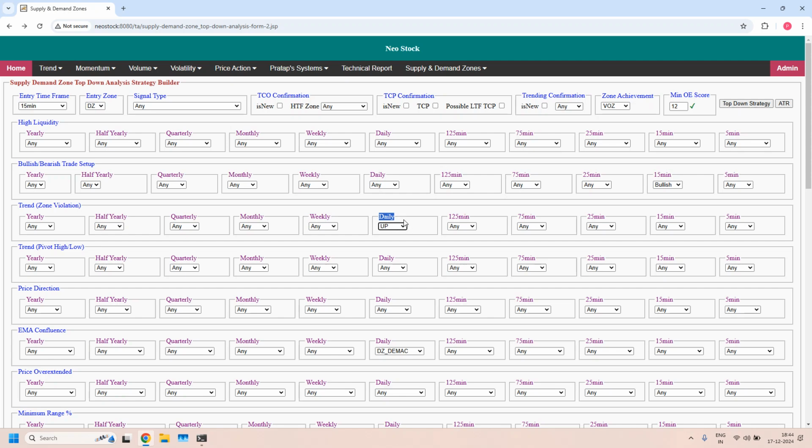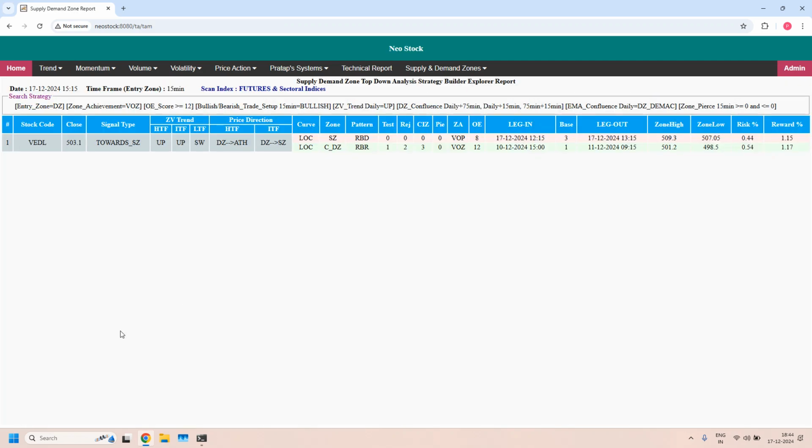You can't use downtrend for the HTF time frame in a bullish trade setup. That's why we selected uptrend. So VEDL is filtered. That means this is an even more high probability trade setup demand zone, and also it is a 15 minutes high liquidity zone. Already it is tested twice, because the 2 rejections are there from this zone.